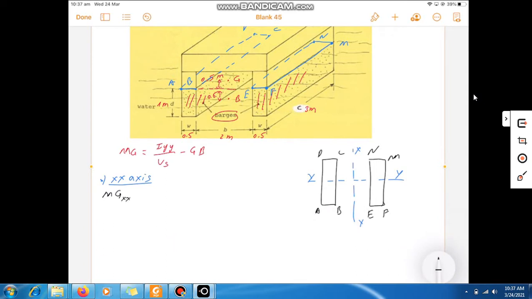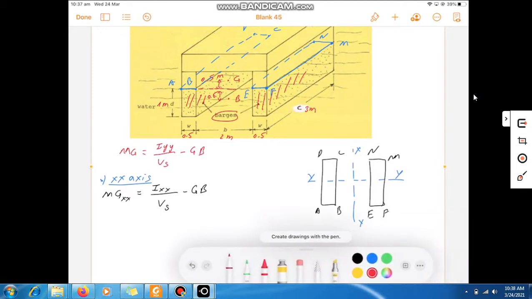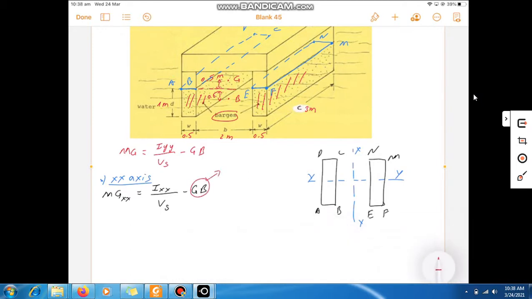Okay, so firstly we have to look at the XX axis and we have to find MZ. MZ in the XX axis will be equal to Ix over Vs minus Zb. Okay, with Zb the distance between Z and B. Z is 0.5 meter above the water surface and B is 0.5 meter below the water surface.